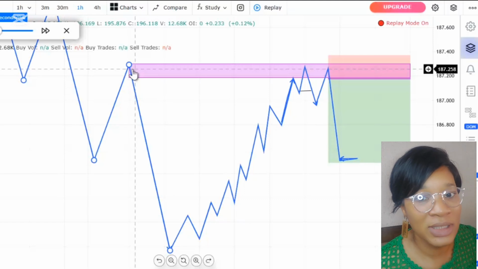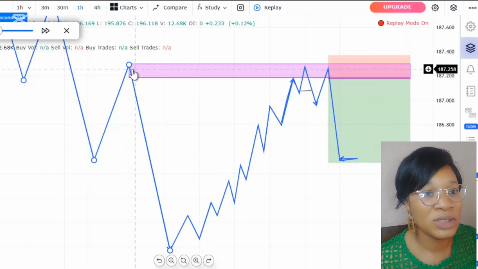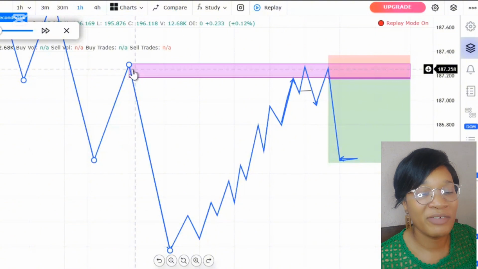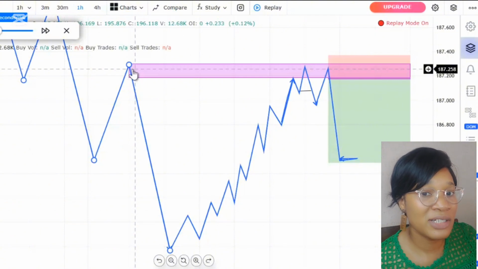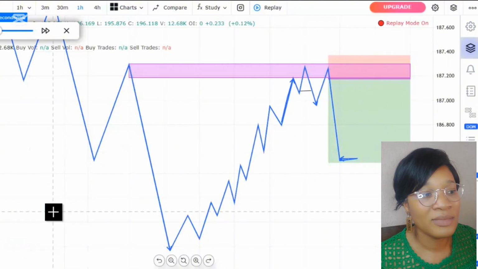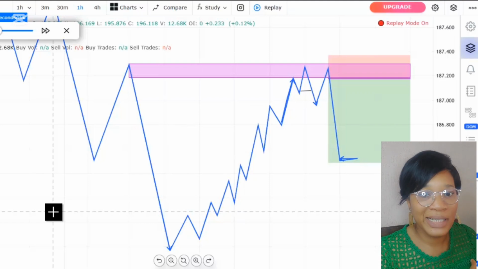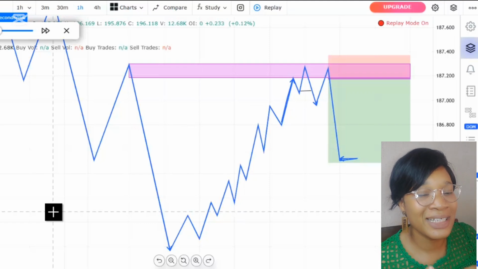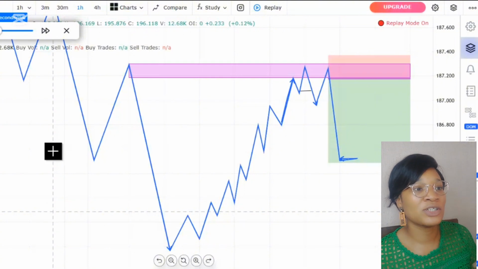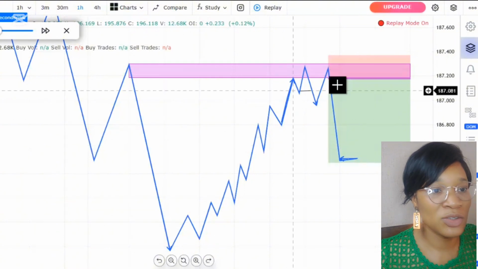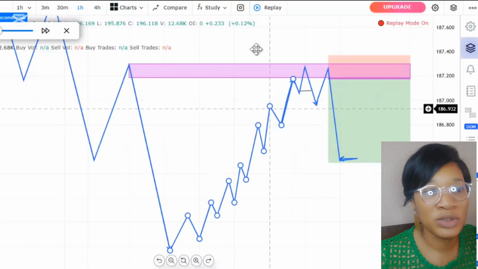You may not see that all the time, but when you do, it has a very good accuracy rate, and your stop loss tends to be way smaller because you're on the lower time frame, right? Your stop loss tends to be way smaller than when you were just on the higher time frame, placing your sell position or your buy position.